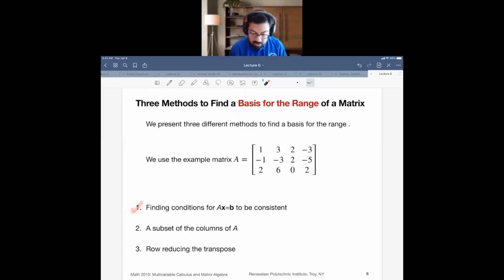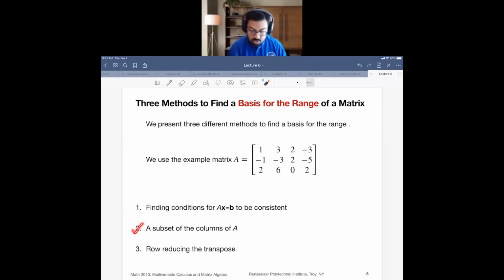So the first one is finding the conditions for AX equals B to be consistent, which means AX is my range, AX equals B has to be consistent, right? So if I take X and multiply with any vector in my range, I should get some B. If I multiply it with some X that belongs to my subspace, I should get some vector that belongs to the range, which means AX equals B has to be consistent.